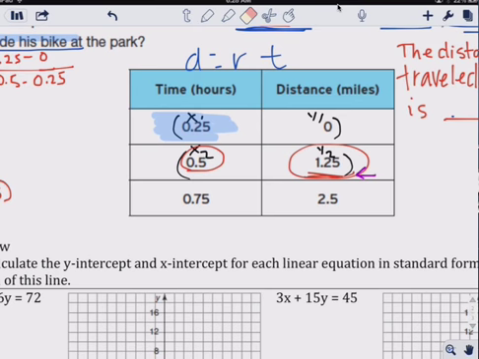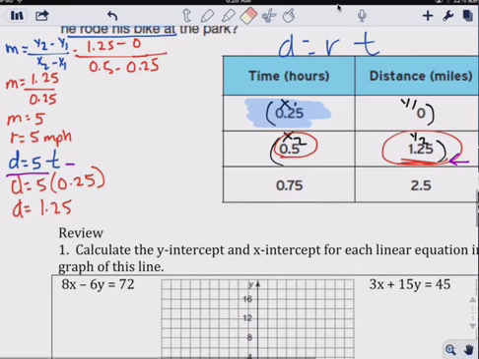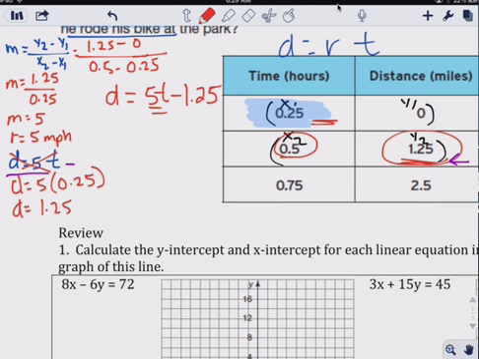It's important to understand the situation. That he's already traveled that. So because he's already traveled that, the distance formula is not this. It is 5 times t, which gives your total distance, and then you have to subtract the distance you've already traveled, 1.25 miles.